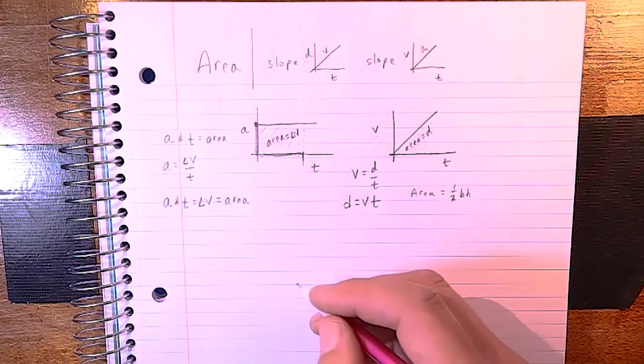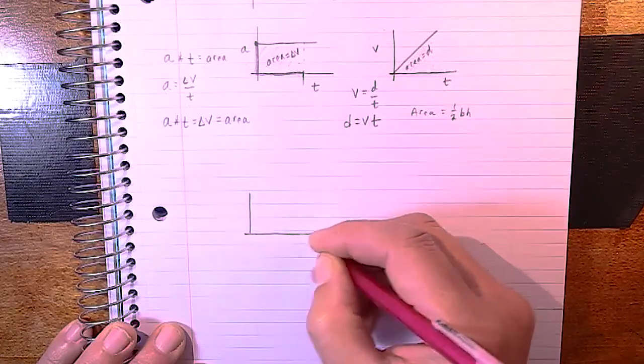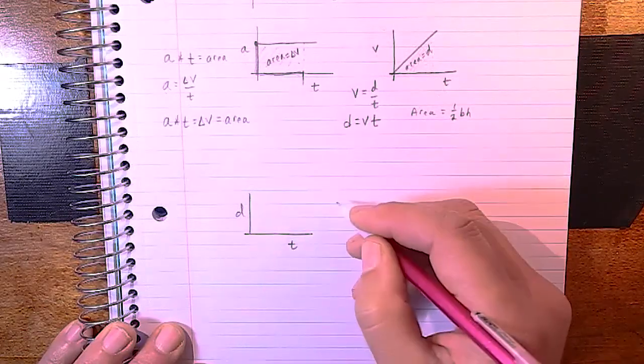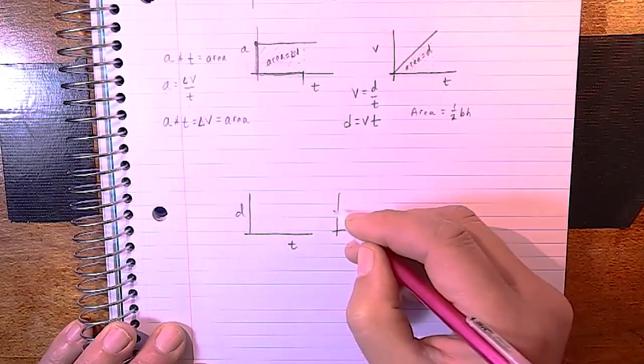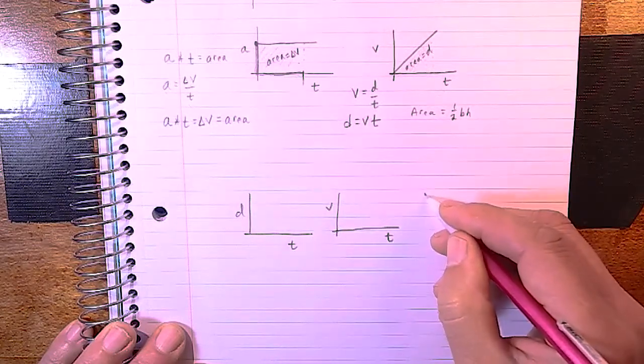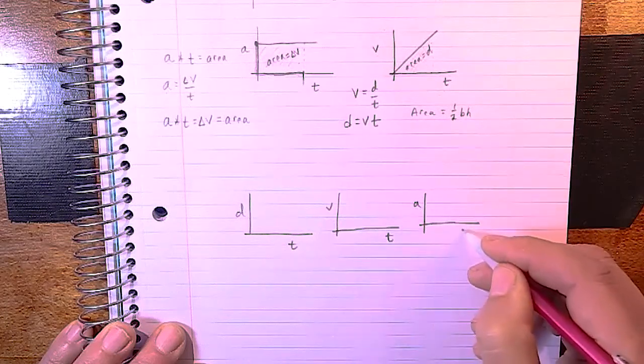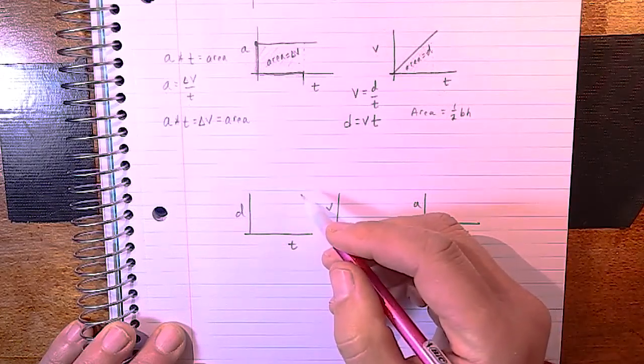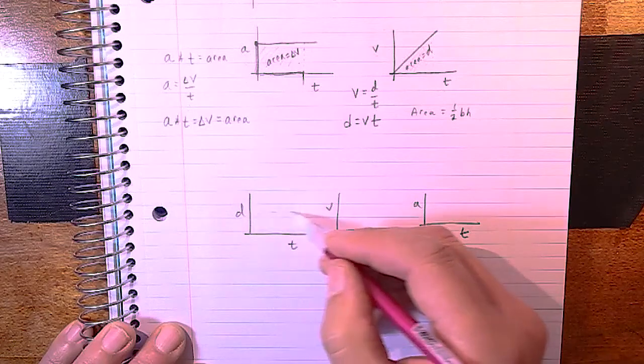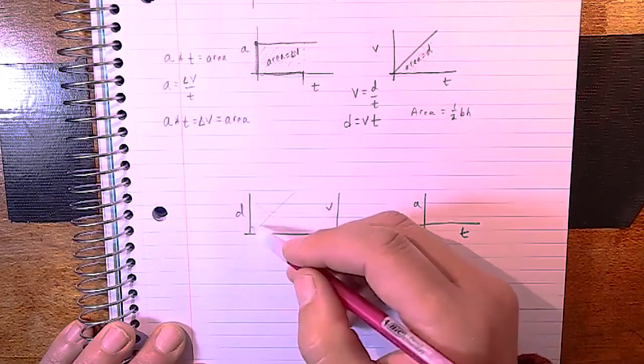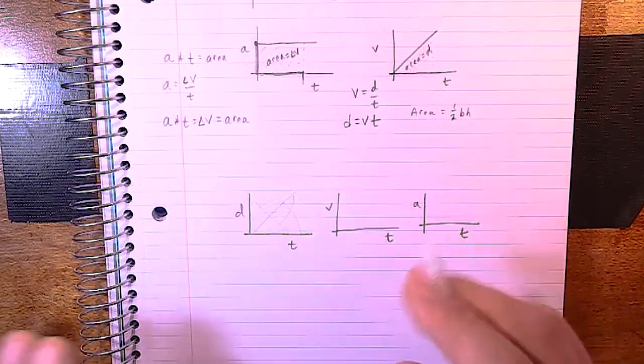So let's look at this sort of all at once. So we really only have 3 kinematics graphs that we need to understand. And whatever this is, it could be a line like this, a line like this, a line like this, a curved line, whatever.